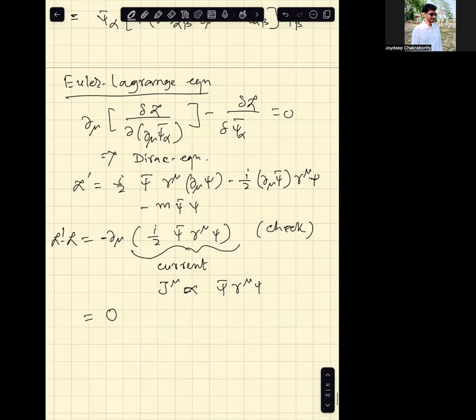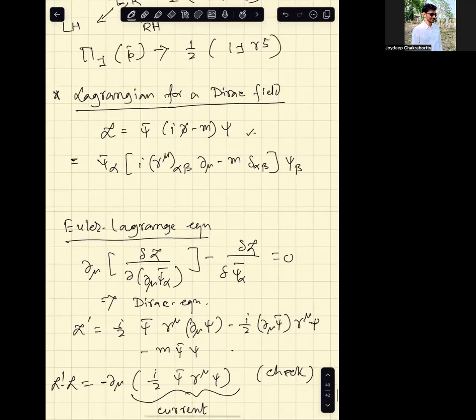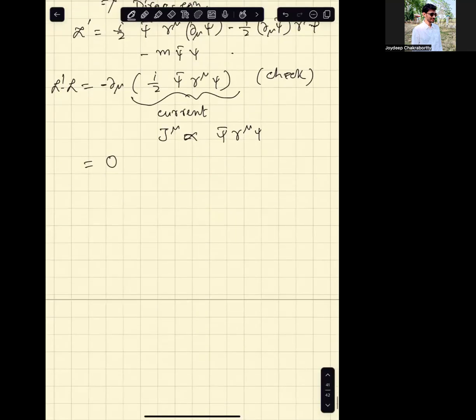Either you work with this Lagrangian or that Lagrangian, your results will not alter. Any question?